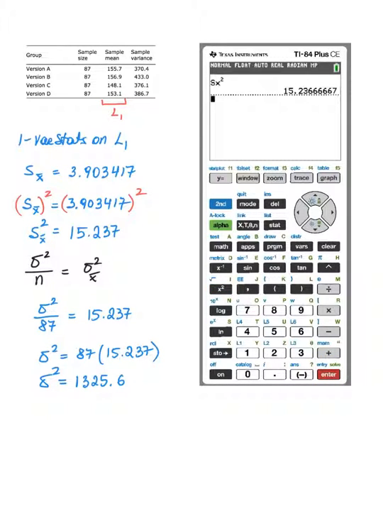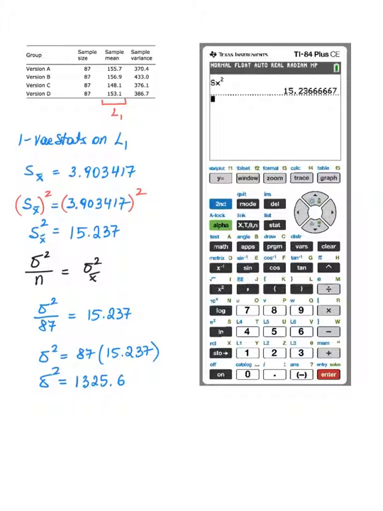This is my sample variance because this is the standard deviation squared. You could have just written out the number as you saw as a result of one variable stats applied to list 1 and then square it, or as I showed, you could use this little tool in your calculator by pressing VARS, statistics, and choosing the sample standard deviation Sx, and then telling your calculator to square that quantity.